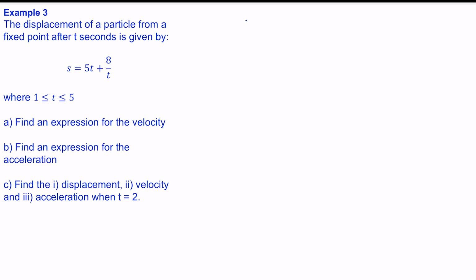Okay, so for part A, we can work out the velocity as the change in displacement divided by the change in time. Before we can differentiate this, we need to write this in a more convenient form. So we'll say that s is equal to 5t, and this 8 divided by t, we can write as 8t to the minus 1.